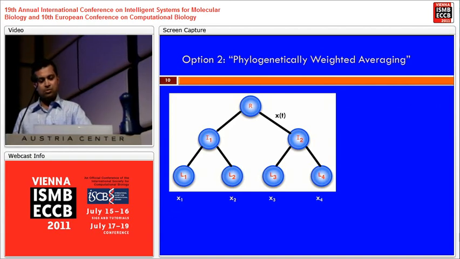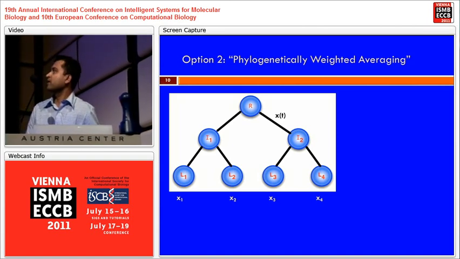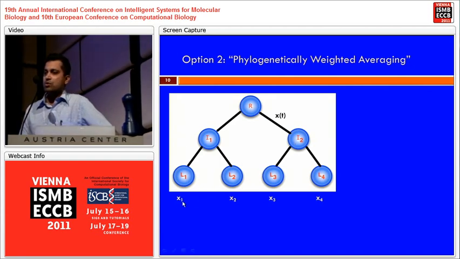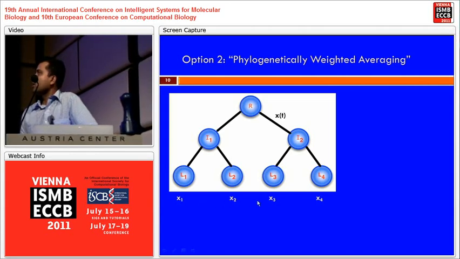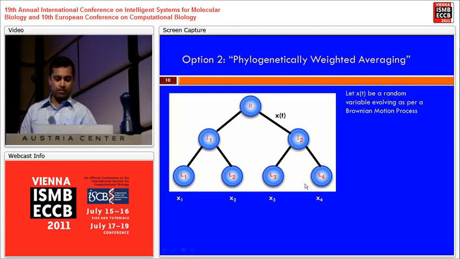The method we used is described in this slide. Let's assume that we have 4 species related by this phylogeny, and the HMM scores for a motif are X1, X2, X3, and X4. These are the scores at the extant species, and these are the scores that we want to combine into one score.